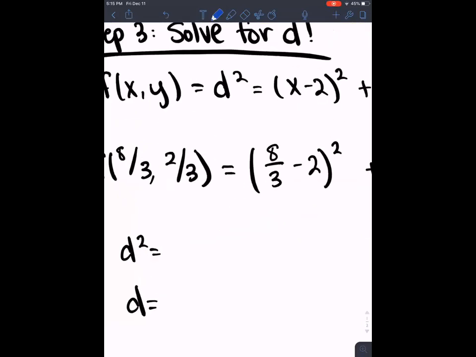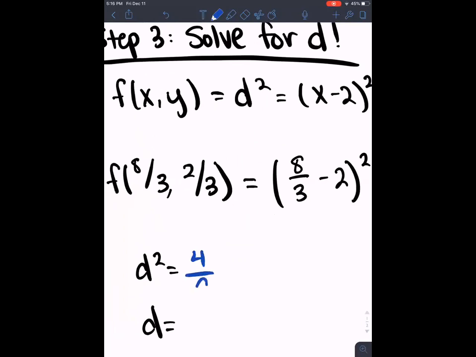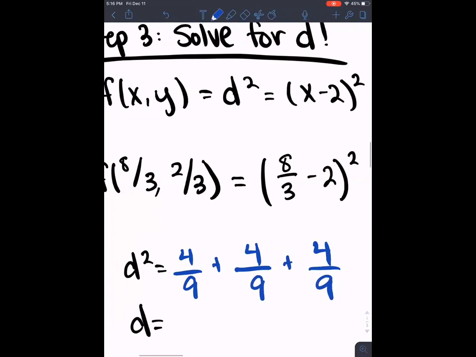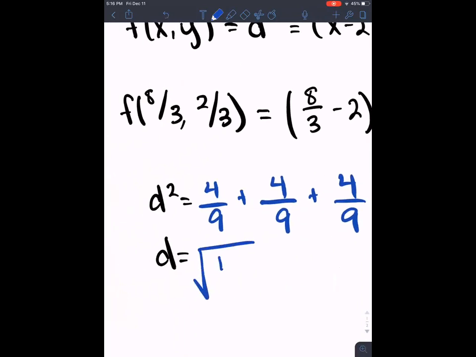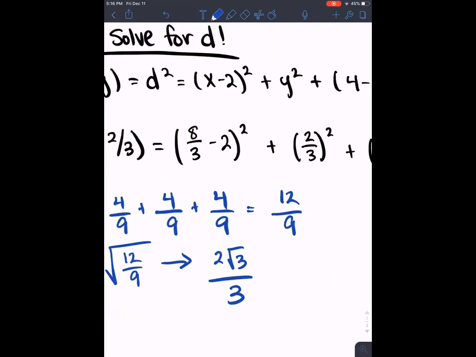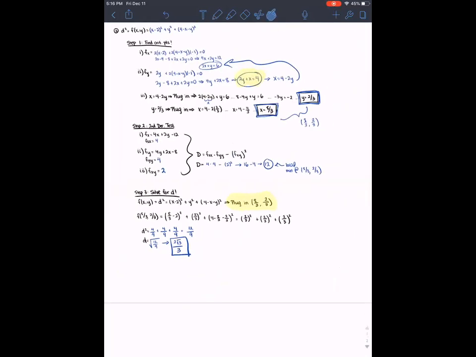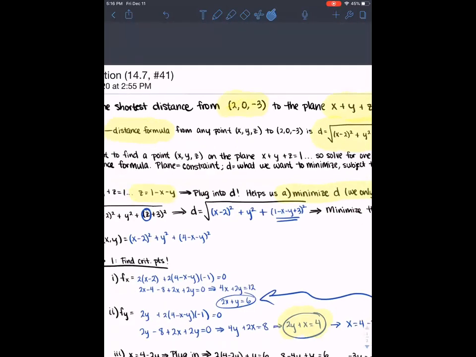So d squared is clearly 4/9 plus 4/9 plus 4/9, which is equal to 12/9. So d is the square root of 12/9, which is just the same thing as saying 2√3/3.